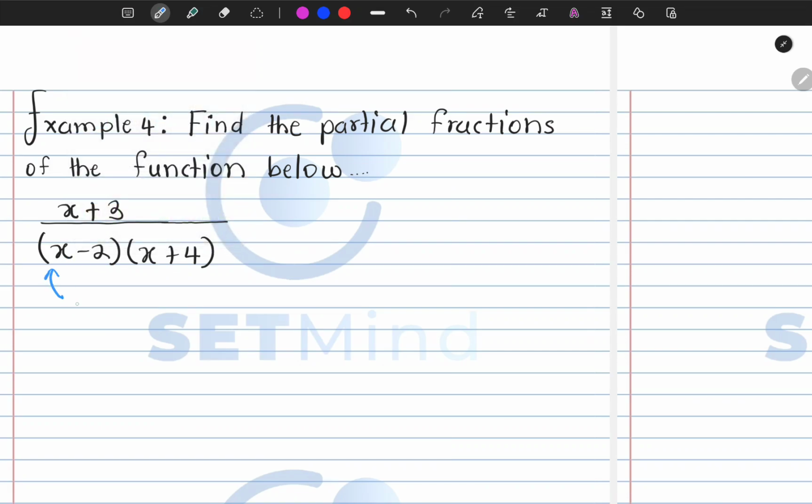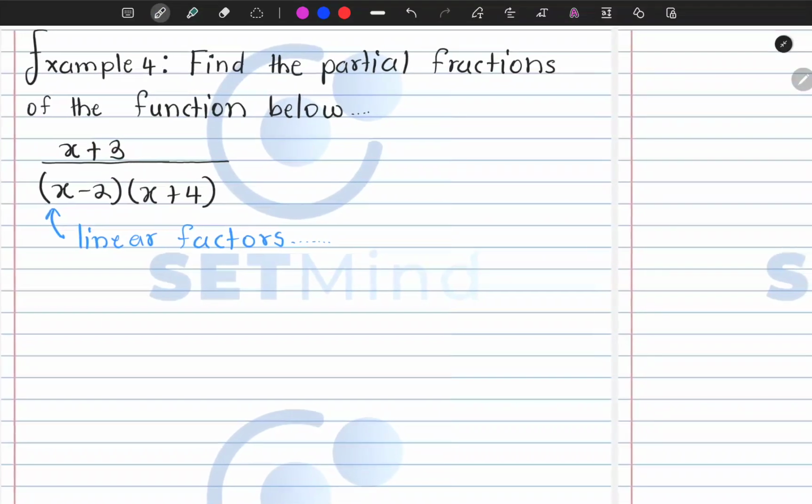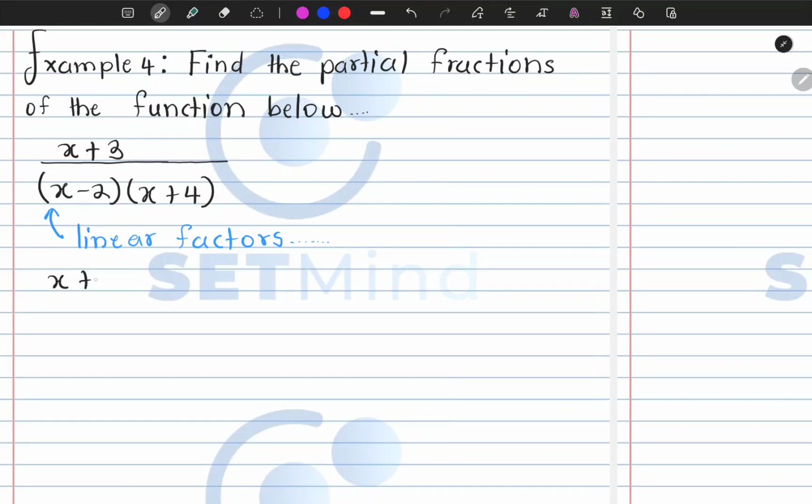So what you should be able to see is that what we have here is linear factors, just as you know in a linear equation. So linear factors always have a constant on top of them when we break down the fraction into its partial fractions.